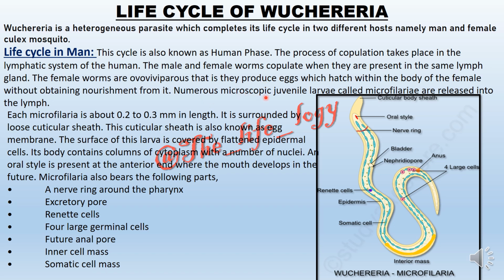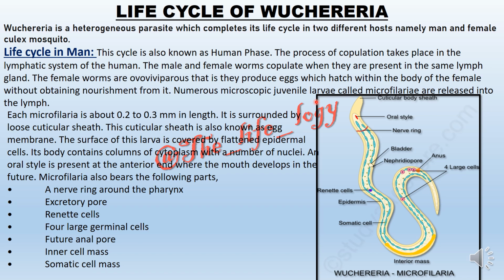Numerous microscopic juvenile larvae called microfilariae are released into the lymph. So as a result of copulation, numerous microfilariae are released into the lymph. Each microfilaria is about 0.2 to 0.3 mm in length. It is surrounded by a loose cuticular sheath, also known as the egg membrane.